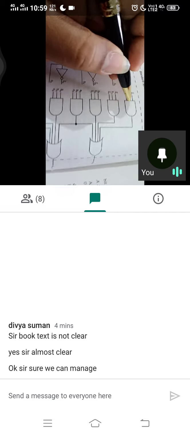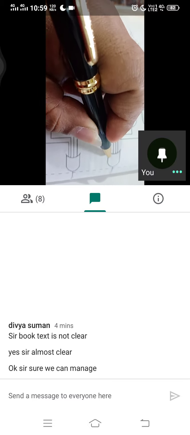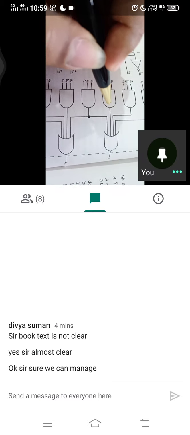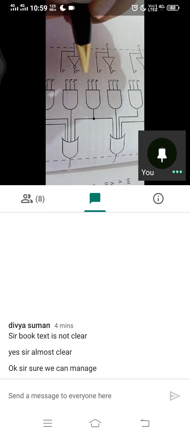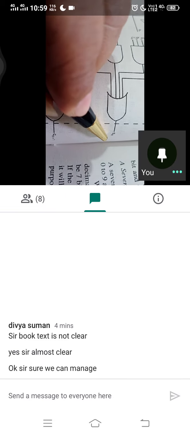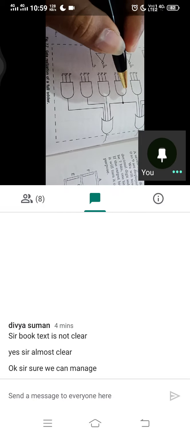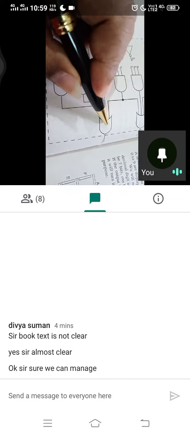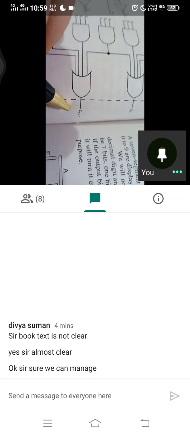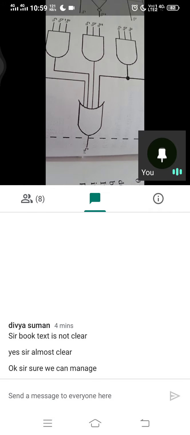The results of these are combined with this OR to get you the sum, and the carry. Similarly, the result of these four will give you the carry. This is according to the equation that we've just seen.